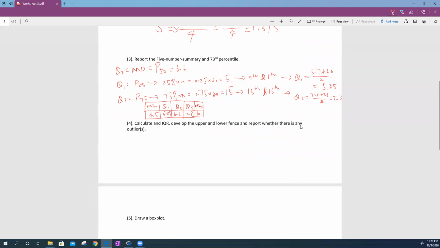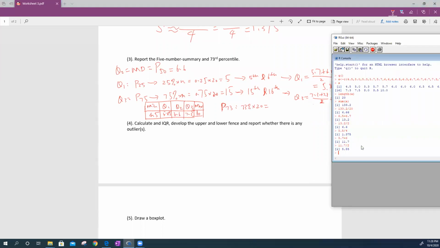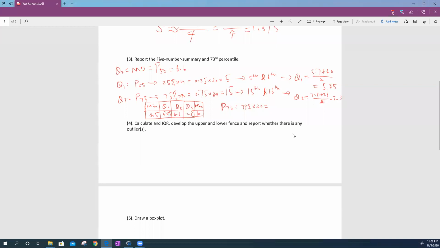And for this P73, the 73rd percentile, we're going to look at 73% times 20 to find the position. So 0.73 times 20 gives us 14.6.